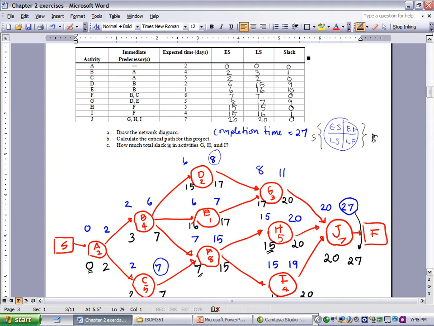And you can see the critical path will be the path that has zero slack.